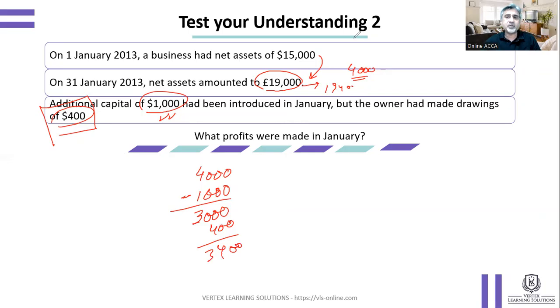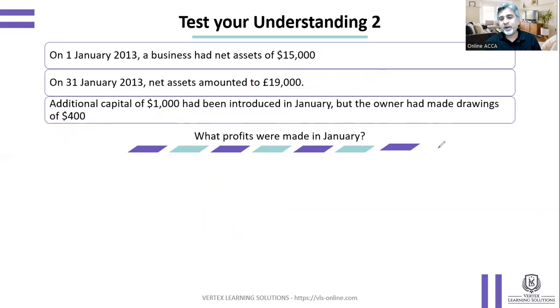Let me explain again. You had opening 15,000. You already have taken a drawing of 400, which means that during the month you already took money. If you had not taken this money, the business should have 19,400, right? Now you see how much the difference is? From 15 to 19,400, it made 4,400 addition. This is the profit.